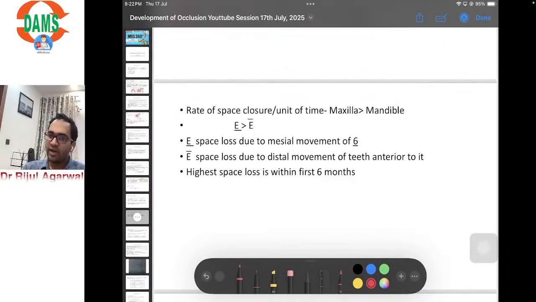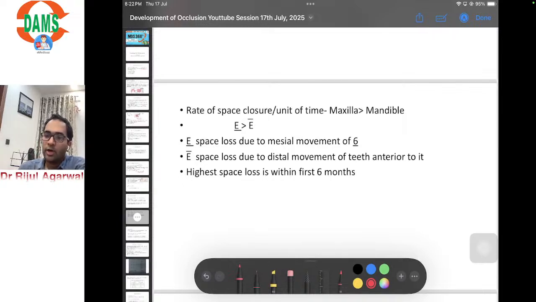Okay, some numerical data again. The rate of space closure per unit of time is more in the maxilla as compared to the mandible, and more in the upper molar as compared to the lower second molars.